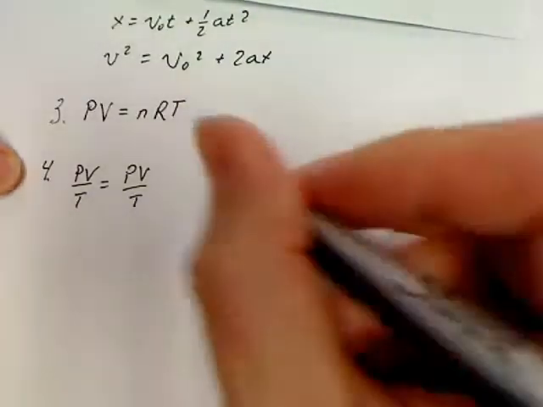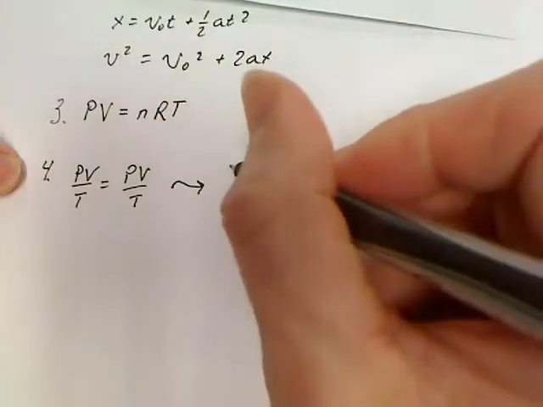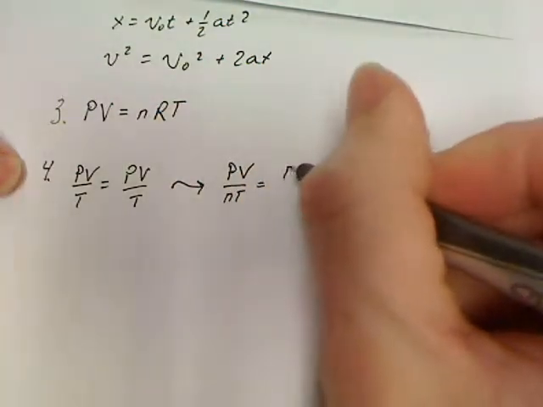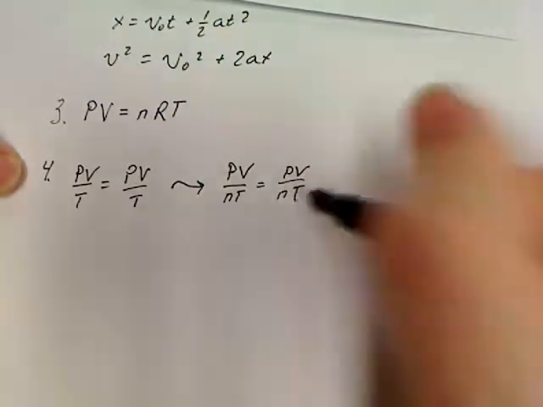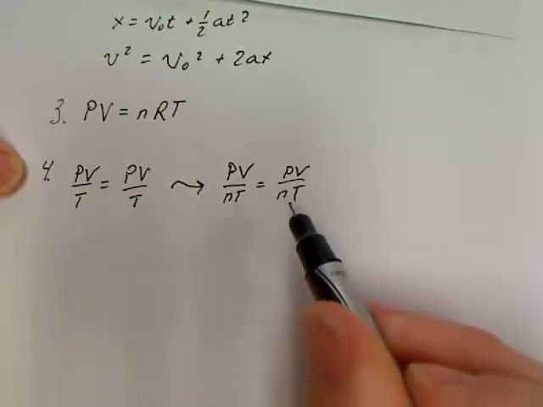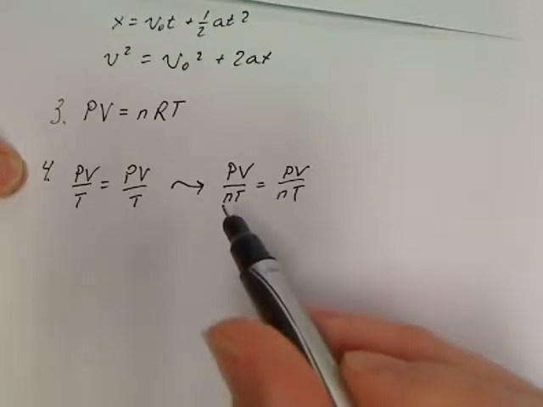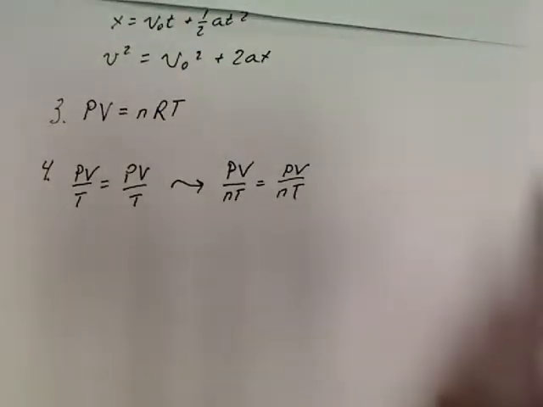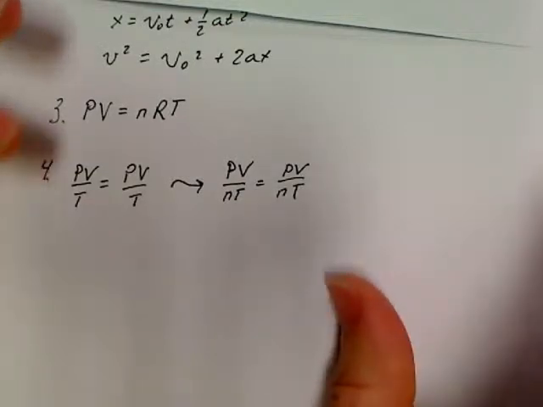Now, once again, don't forget the one time they got us by going PV over nT equals PV over nT, because they let half the gas out of the sample. So you had 1.5 for your n's in that problem since they opened the cylinder up.